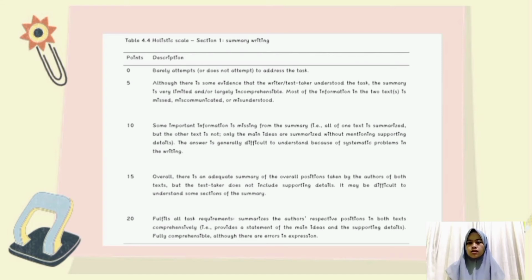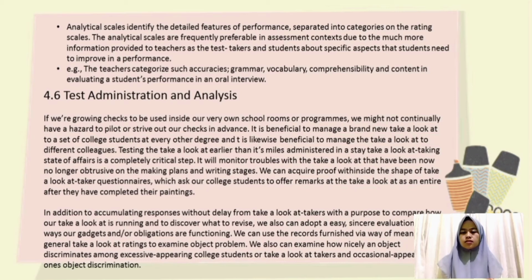So these are the examples of holistic scales. And the second is analytic scales. Analytic scales identify the detailed features of performance separated into categories on the rating scales. The analytic scales are frequently preferable in assessment contexts because much more information is provided to teachers, the test takers, and students about specific aspects that students need to improve in a performance.